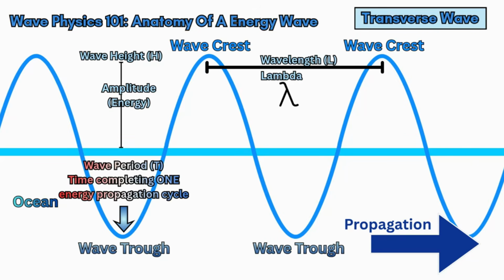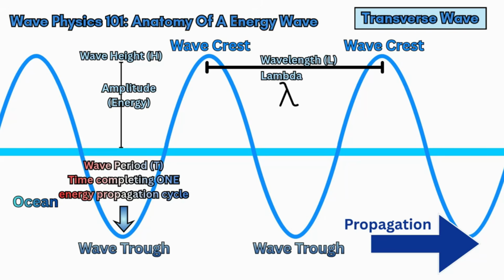We also have the wave period, which denotes time, and it's the time it takes the energy to pass a fixed point through one cycle. So from wave trough to wave crest to wave trough, that will be the wave period, one complete cycle past a fixed point.